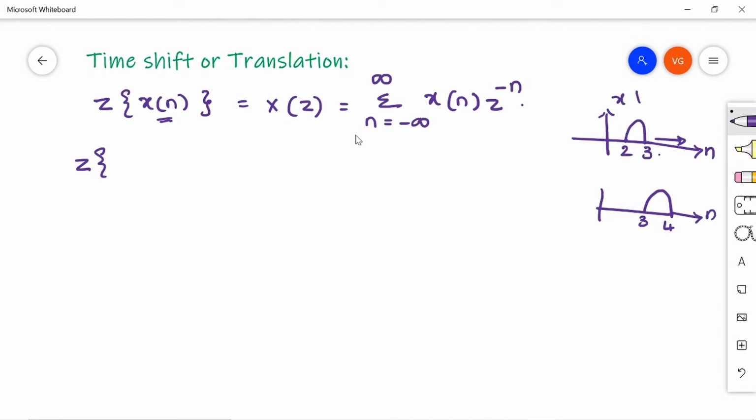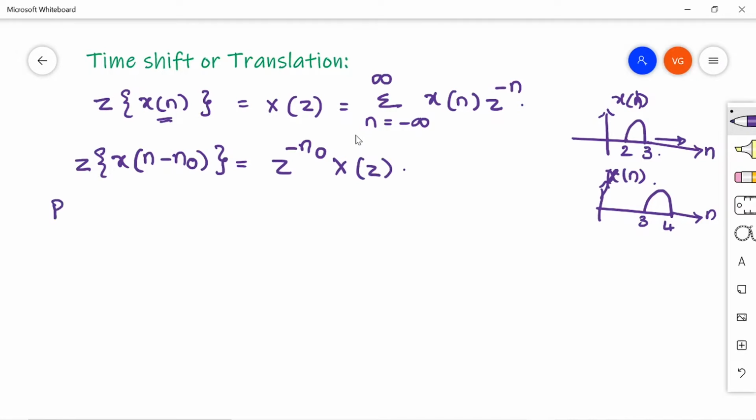So it is shifted from x of n. If it is shifted on the time scale, what type of change can you observe in the z domain? That we'll see. Suppose this signal is shifted by n naught, x of n minus n naught, then your z transformed signal will be z power minus n naught times X of z.